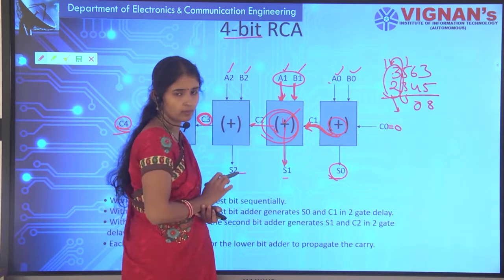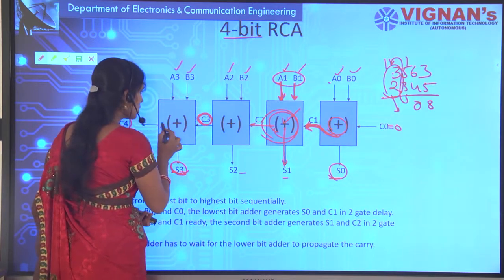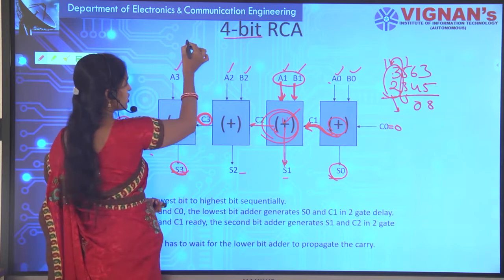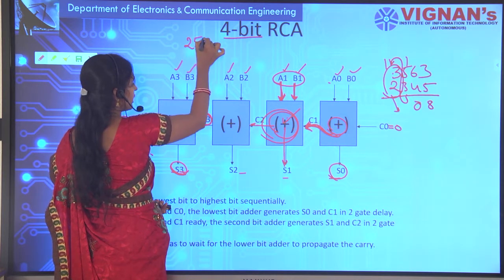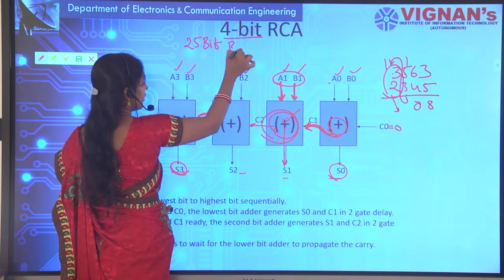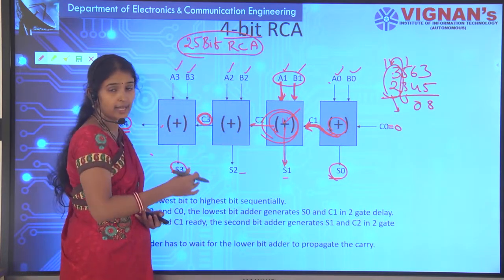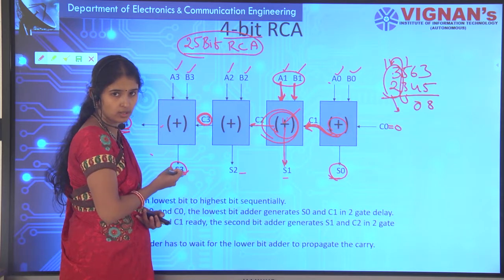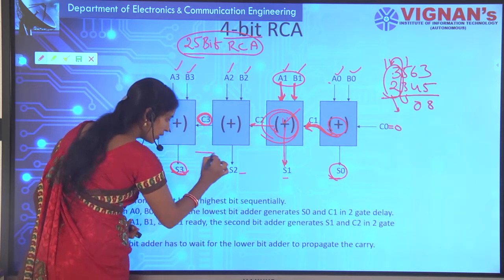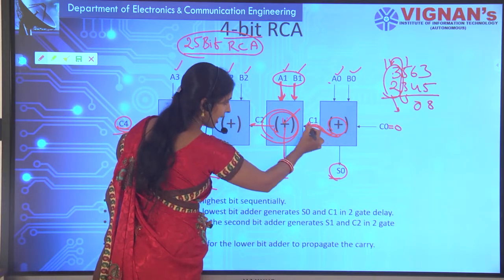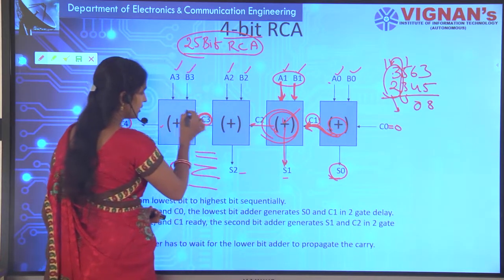At the same time, suppose for higher order systems, if you are generating a 25-bit ripple carry adder, how much delay does it take? It has to add all 25 bits. I am providing all 25 inputs, but it has to wait for carry 1, carry 2, carry 3, and so on.